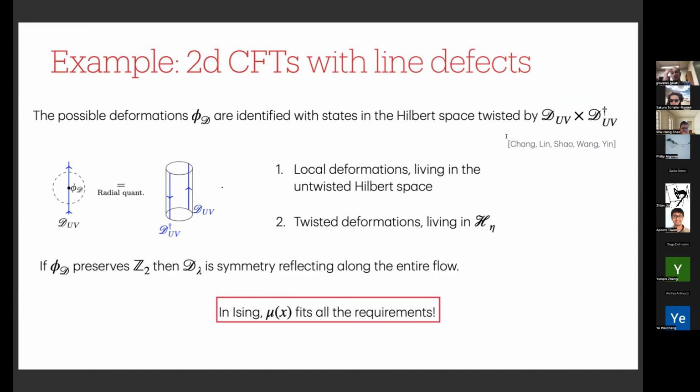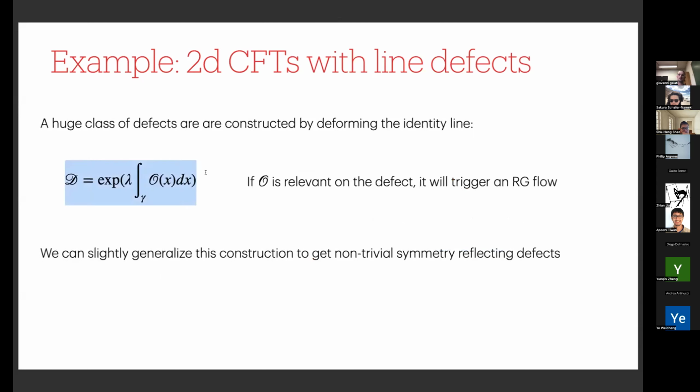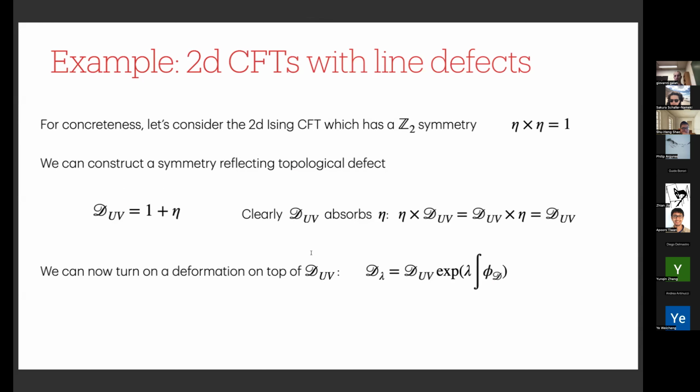But these deformations are not very interesting for us, just because these are deformations that can be turned on in the bulk, this implies that this D lambda I'm defining here is just factorized. Since D UV is topological, we can define D UV not on the same locus of this local deformation. We do the RG flow on just this operator, which is the one described here. And then we fuse the two results in the IR.